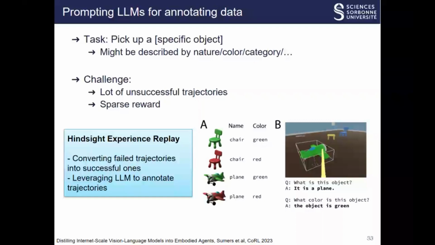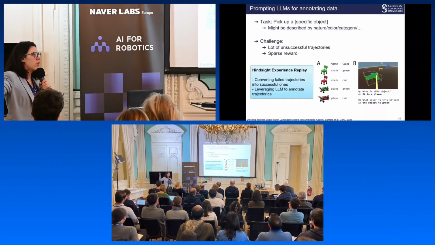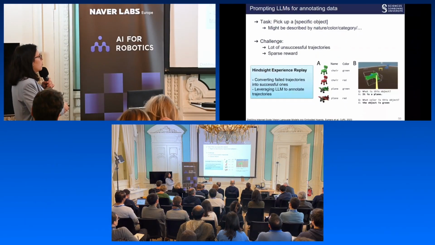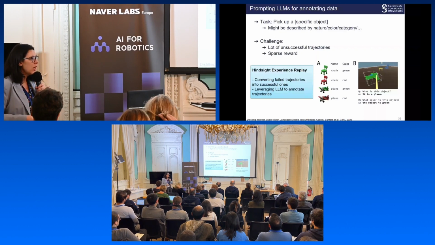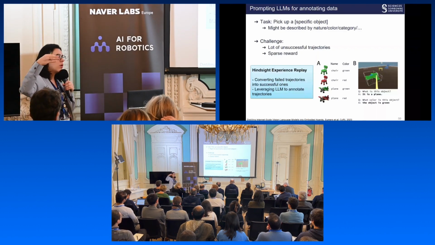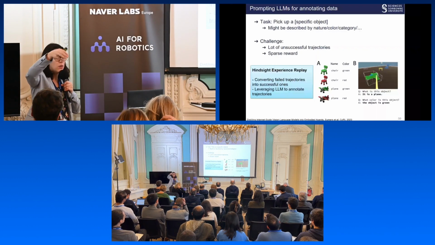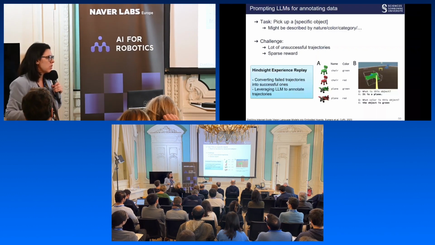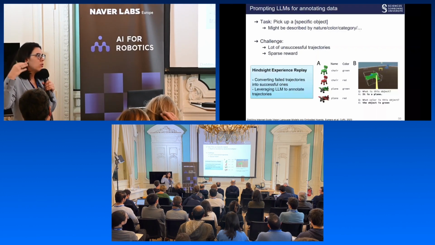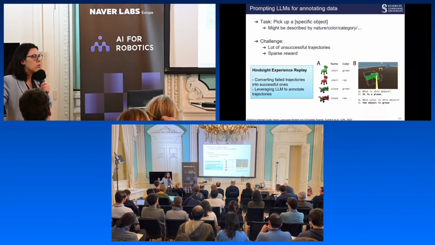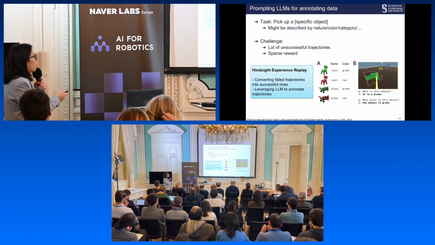So we convert failed trajectories into successful ones, and therefore we need to identify what was a successful goal for those unsuccessful trajectories. And for doing that, they used a large language model to annotate the strategy and particularly to annotate what is the last object picked up within the scene, to identify those properties and then generate new goals according to those strategies which have failed initially.